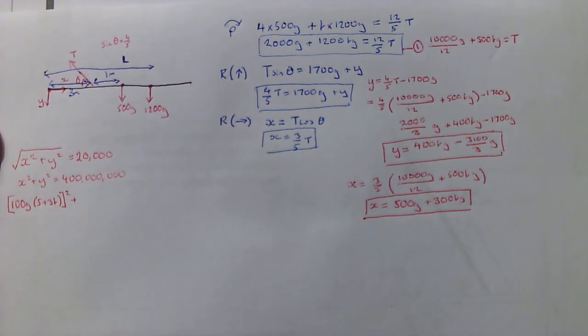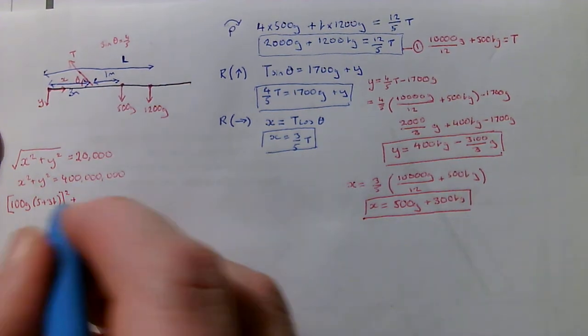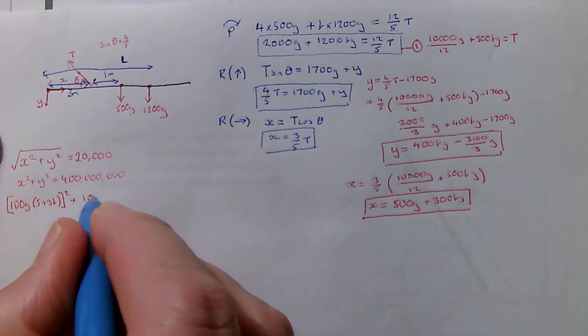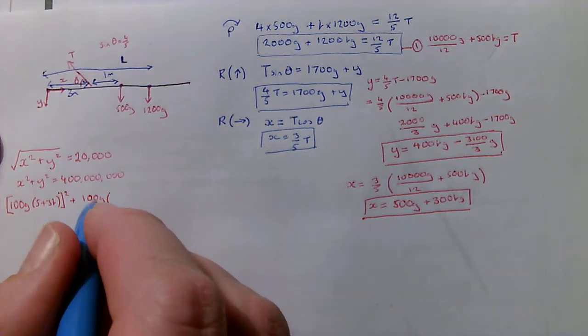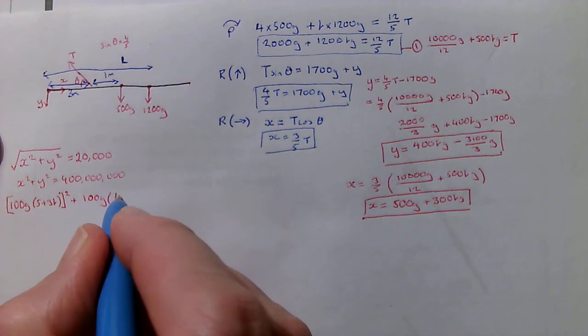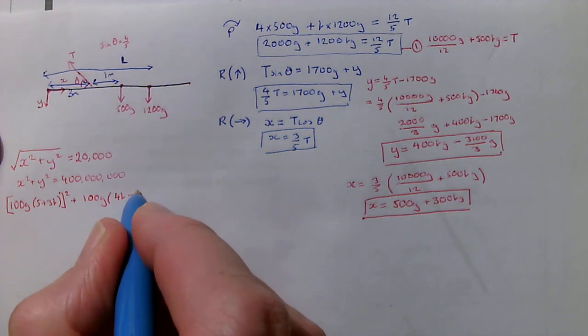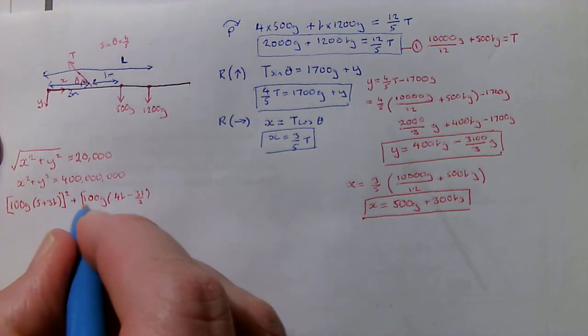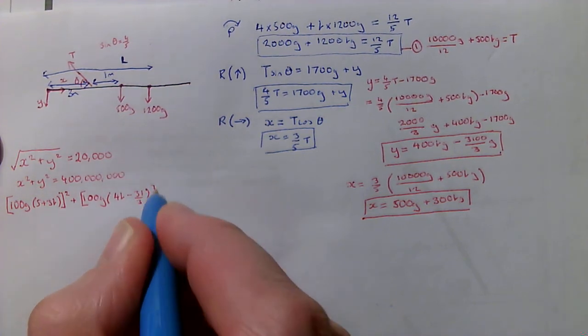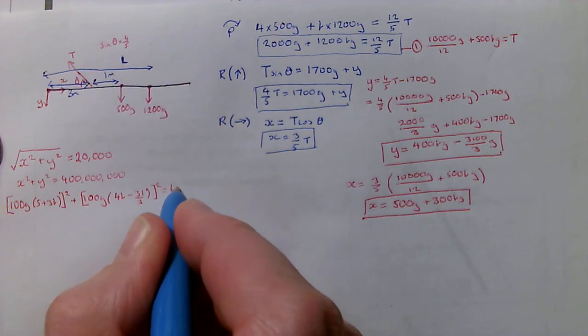Plus, and I can do the same here, I can take out 100G, 100G, lots of 4L minus 31 over 3, squared equals 400 million.